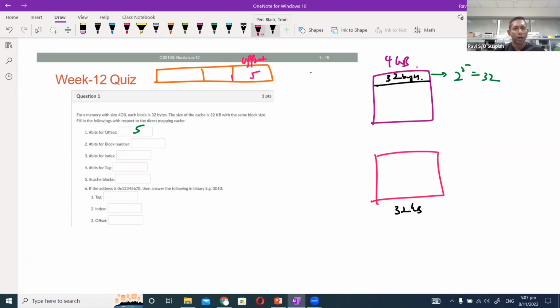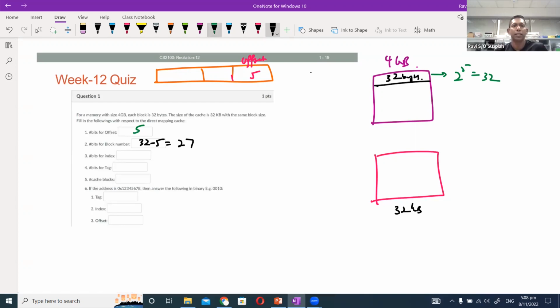Now for the next one, the number of bits for the block number. For the memory address, 5 bits are set aside for the offset, so the bits for block number will be 32 minus 5, which is 27. Then the number of bits for index.